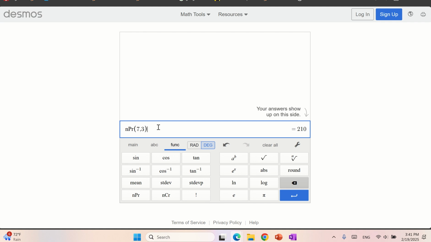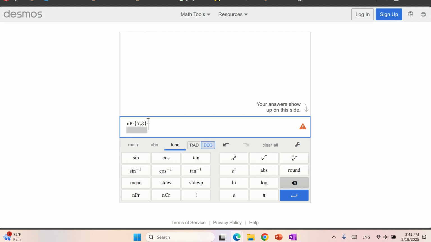And then it was a fraction, and we want to multiply that by 3 permute 2. There you go. And then divide that by 10 permute 5.